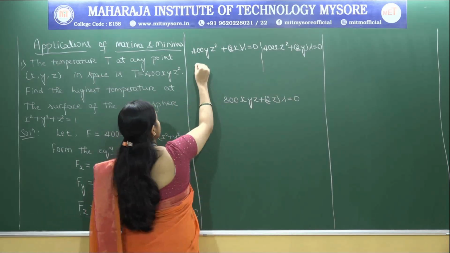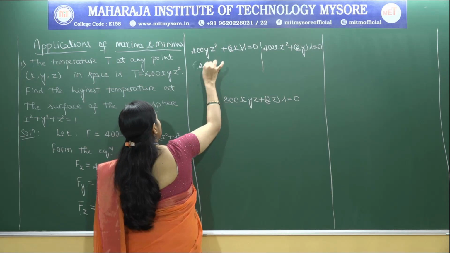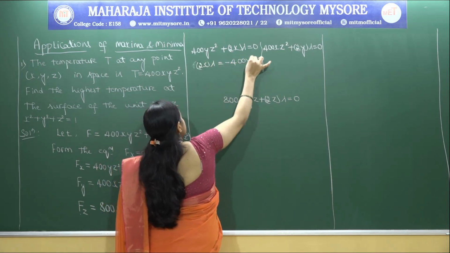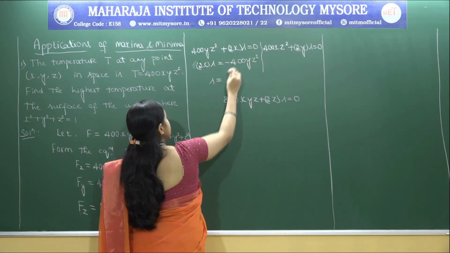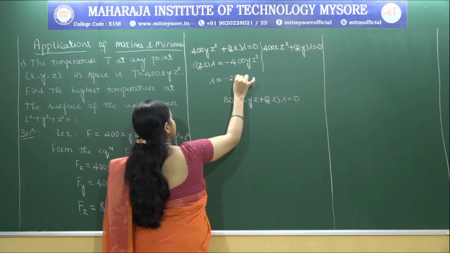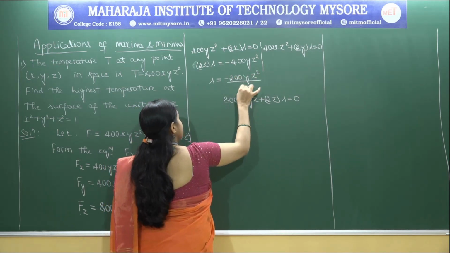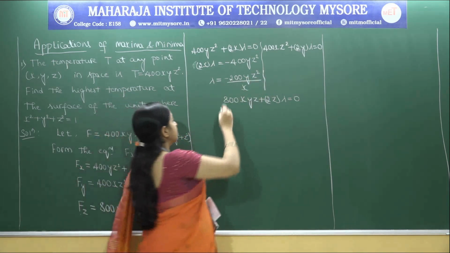So using the first one, you can also write 2x lambda equals minus 400yz squared, or lambda equals, cancel this, you will get minus 200yz squared divided by x. This is the first lambda.